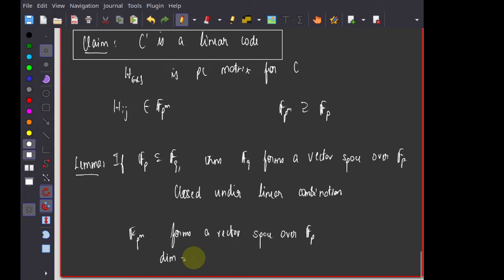The dimension. How many elements are there in FP to the M? How many elements are there in FP? So what should the dimension be?